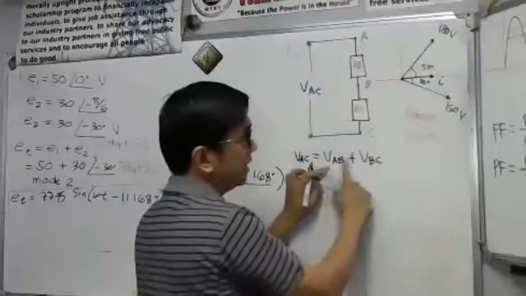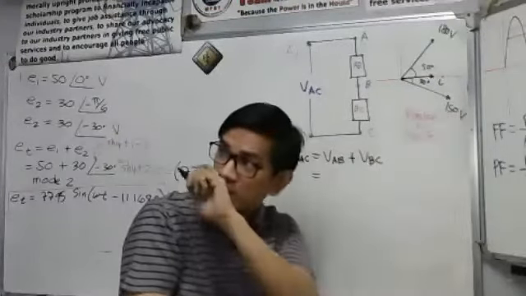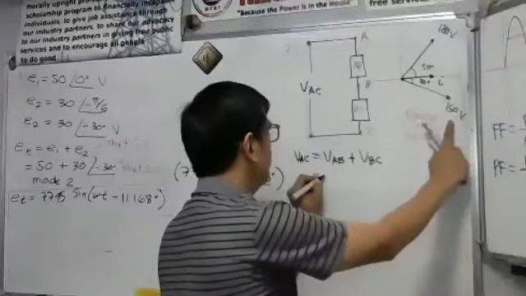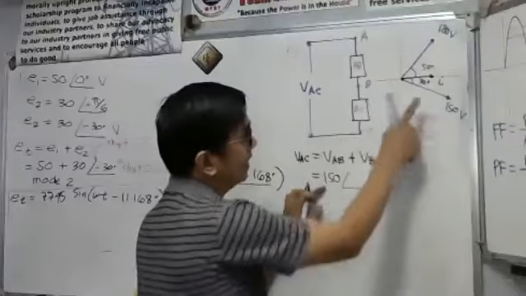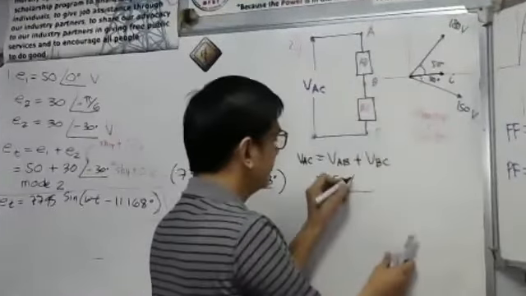What is our VAB here? Our VAB is the 150 volts, right? So we put here 150, and then the angle, which should be negative 30 degrees.